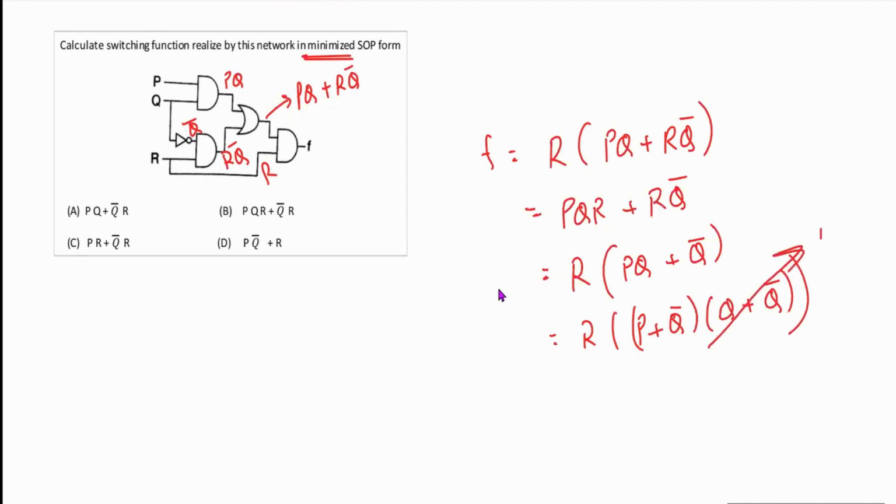Q plus Q bar is 1, so you will get R into P plus Q bar, which is nothing but P into R plus R into Q bar. So I'm getting P into R plus R into Q bar. So option C is the correct one.